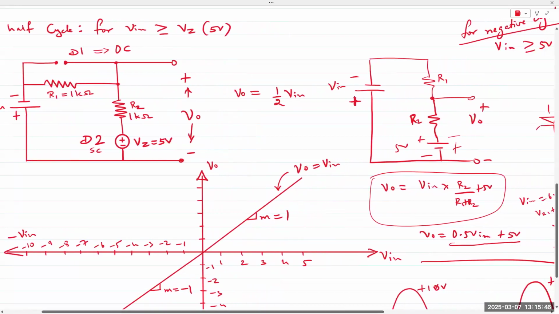We can analyze this by taking the Zener diode as positive at the anode or positive at the cathode. Remember, when we first introduced the topic, we stated that Zener diodes always work in reverse bias. So we always take the positive reference at the cathode, and that is still true.